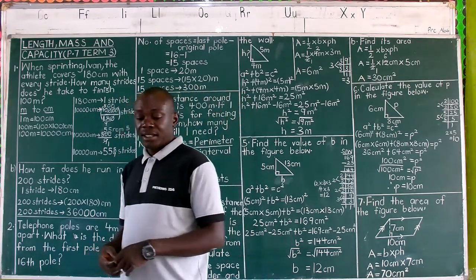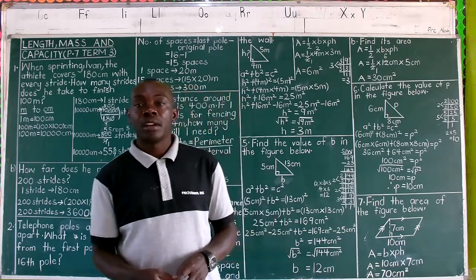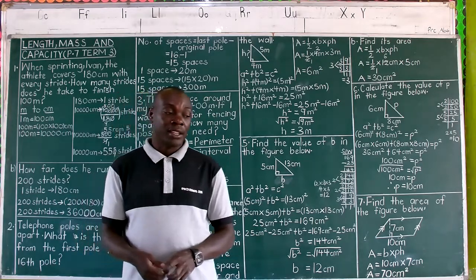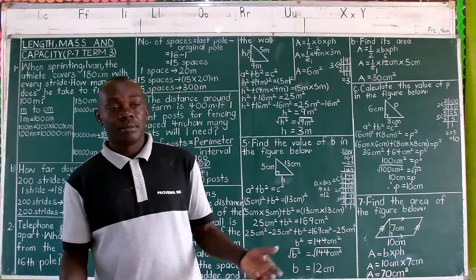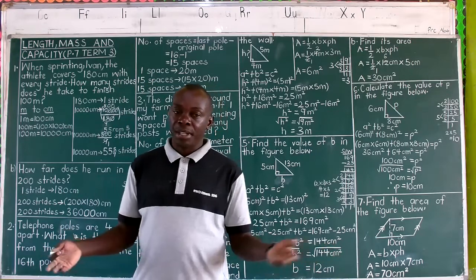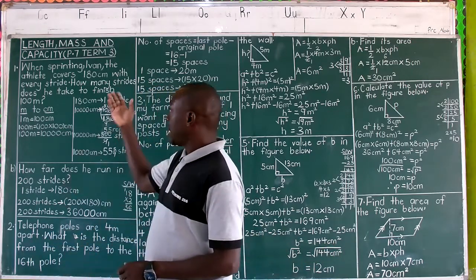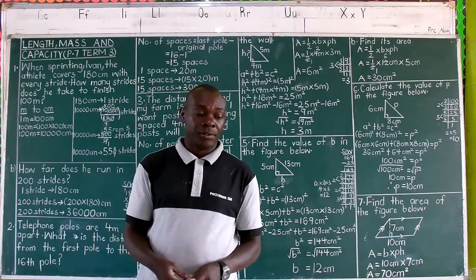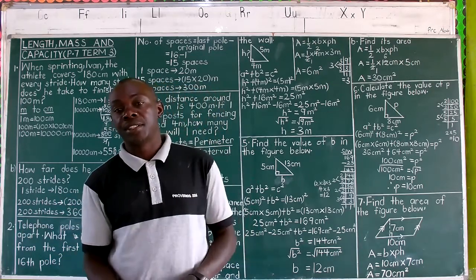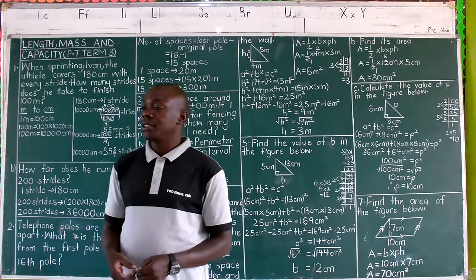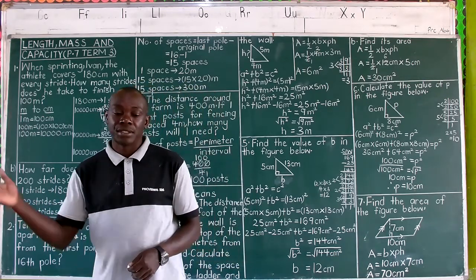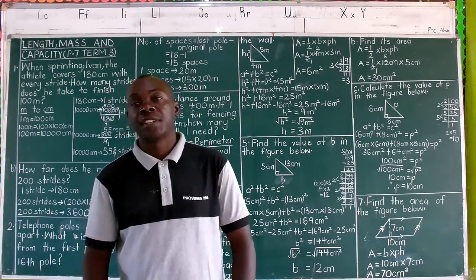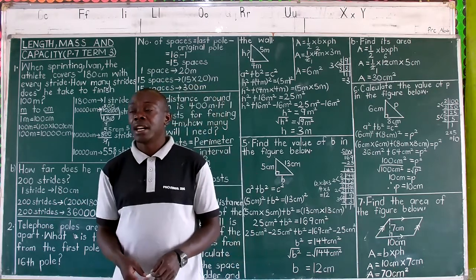Then mass is how heavy an object is as measured in grams, like kilograms, decagrams, centigrams, milligrams. Then capacity simply means volume in liters in this perspective. It can mean something else, but here we are looking at volume in liters specifically.